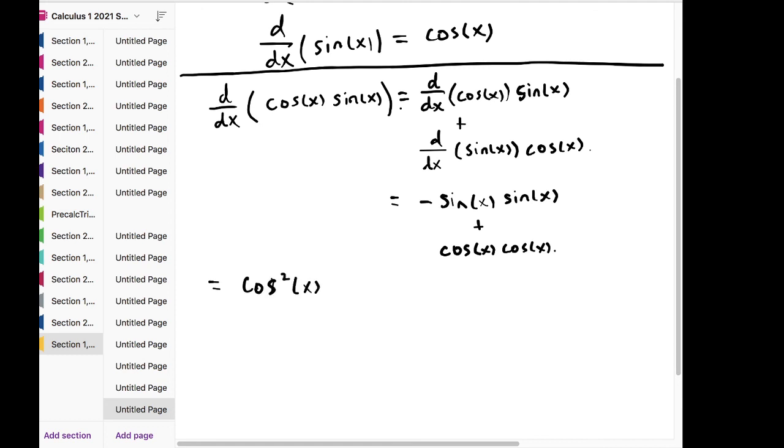What is cosine squared minus sine squared? If it was plus, it would be 1.